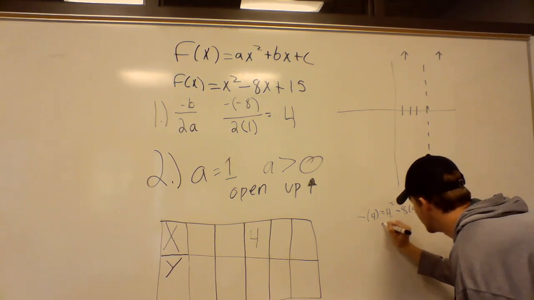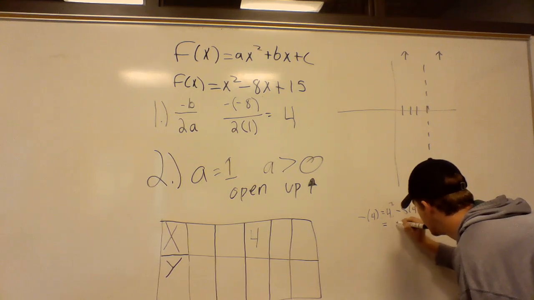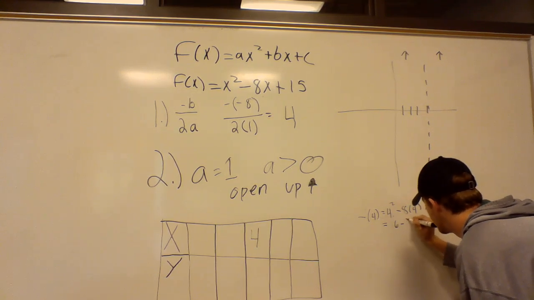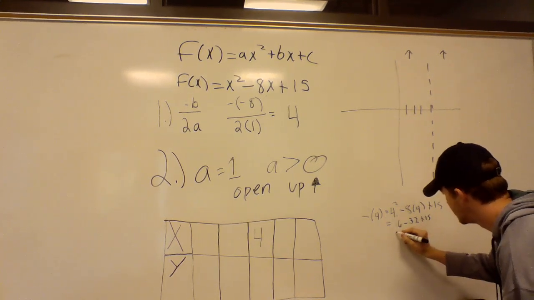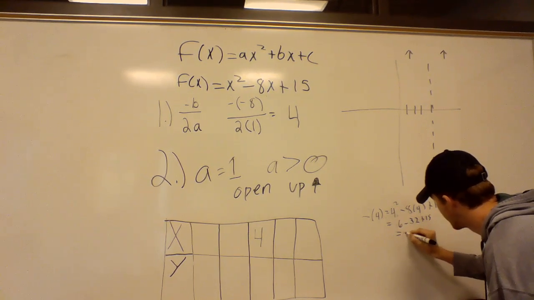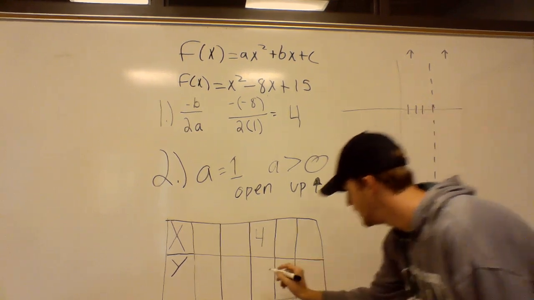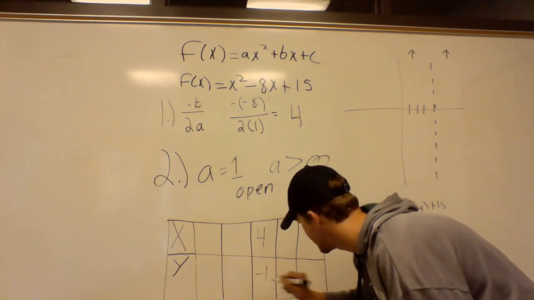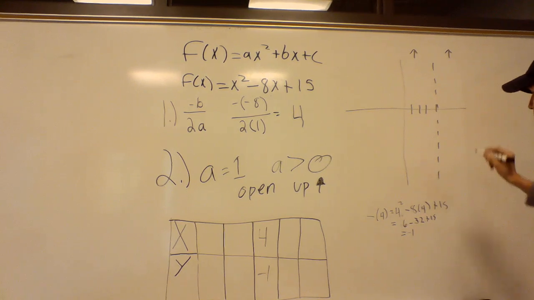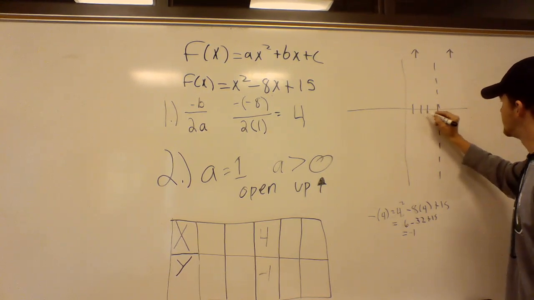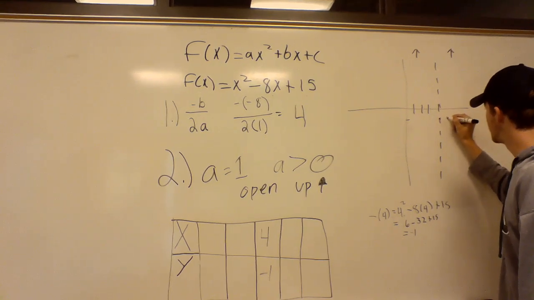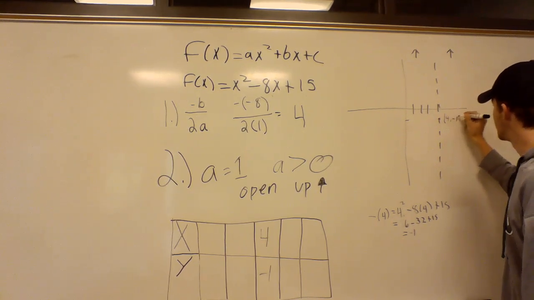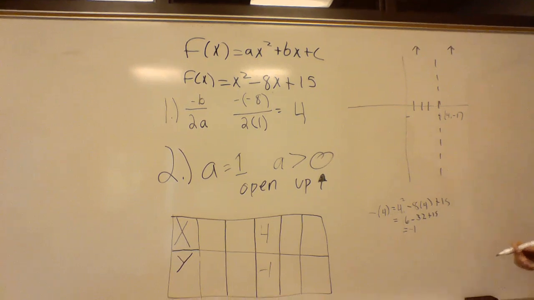That translates into 16 minus 32 plus 15, and that will finish off at negative 1. So that will be the y value of our vertex. If we go over here to our parabola, we'll go over 1, 2, 3, 4, and down 1. So 4, negative 1 will be our vertex point.